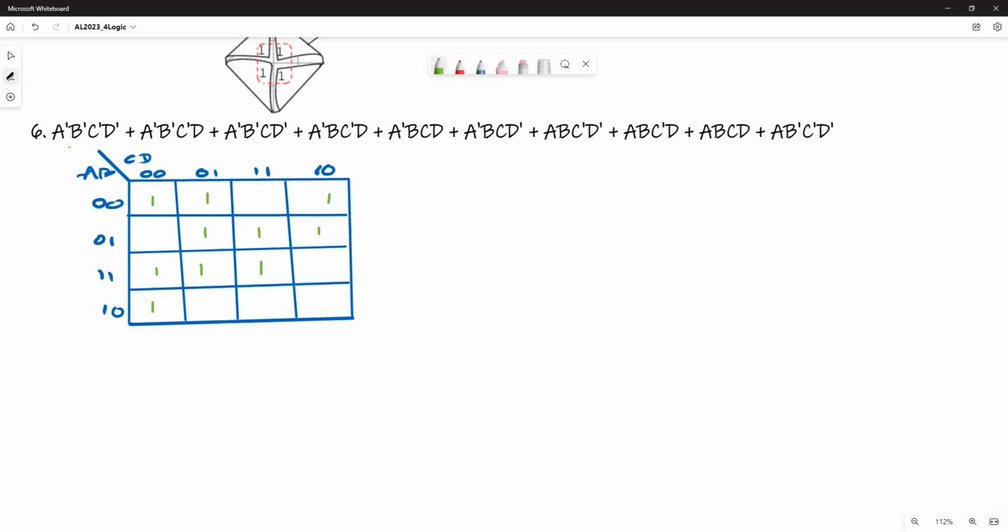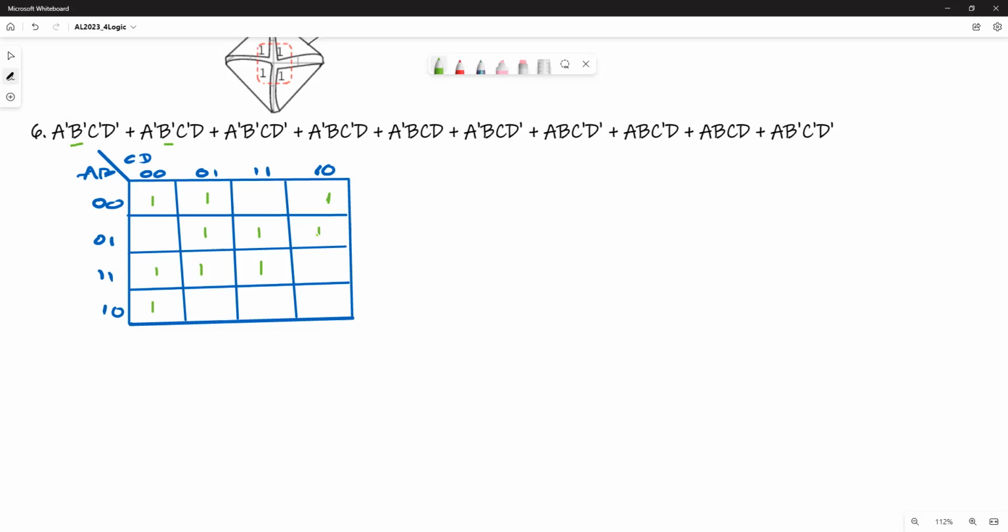If you look at the first term, it is A dash, B dash, C dash, D dash. That means 0, 0, 0, 0. So that is this one, right? And then we have A dash, B dash, C dash, D. That means 1, 0, this one, right? So these two we have done.